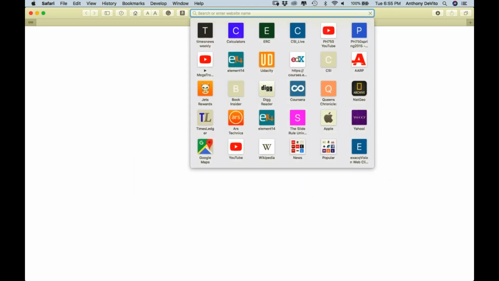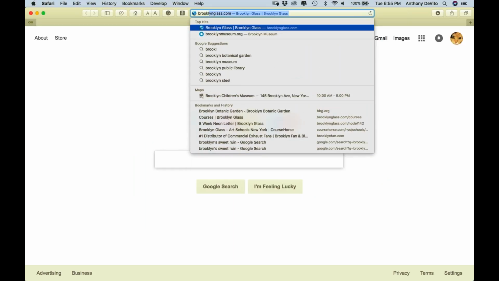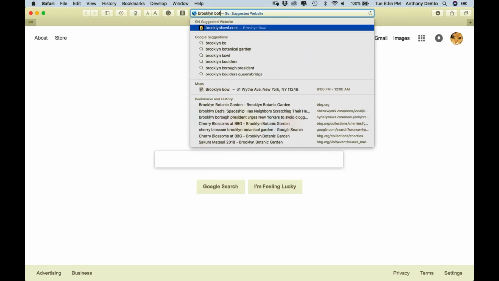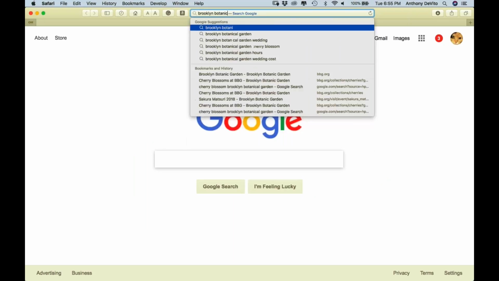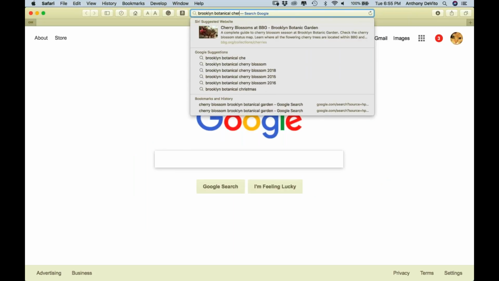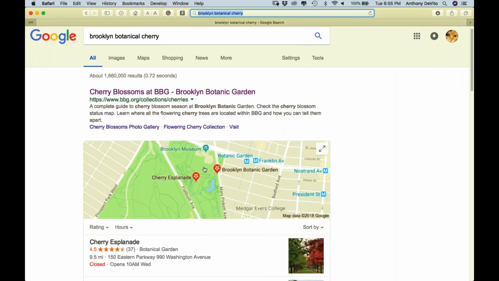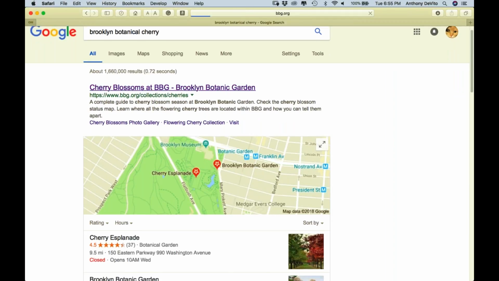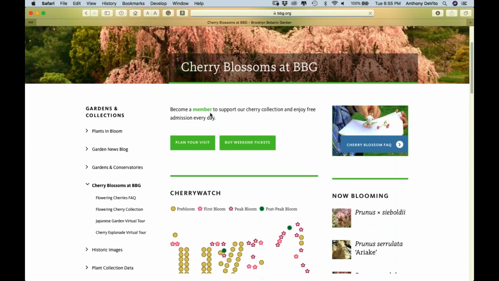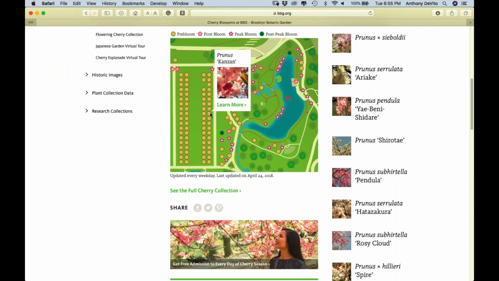If you Google Brooklyn Botanical Gardens and the cherry trees, they actually have cherry blossoms. The first link that comes up is cherry blossoms at Brooklyn Botanical Garden. They have a map that shows you whether they're in bloom or not. They update every day.